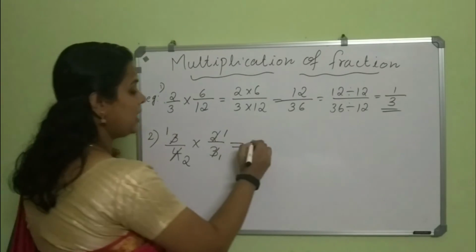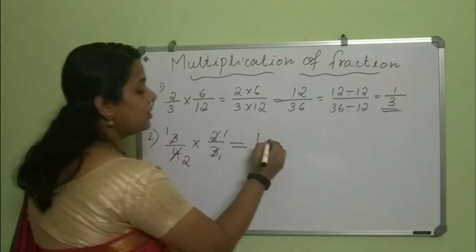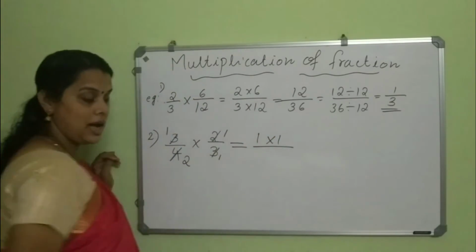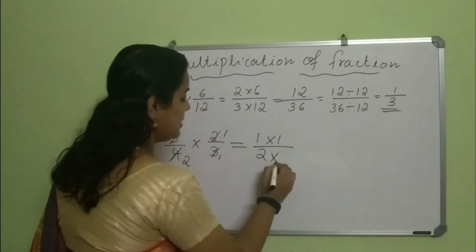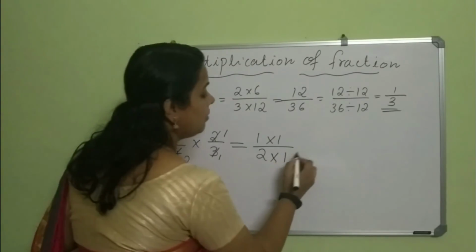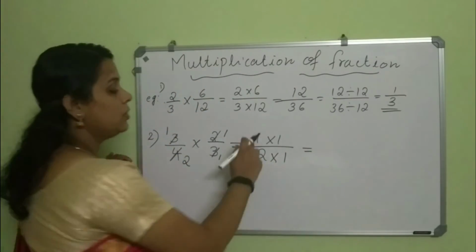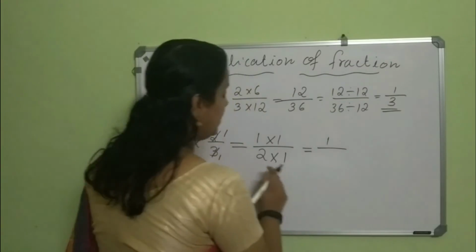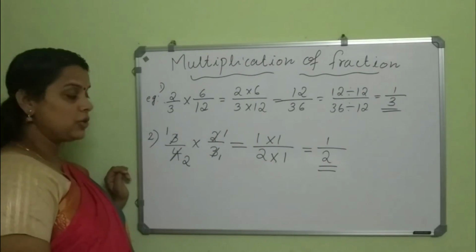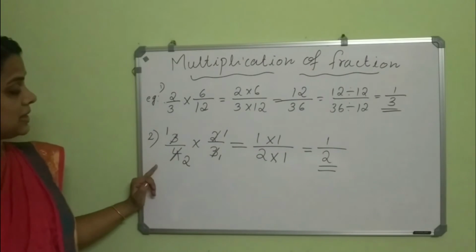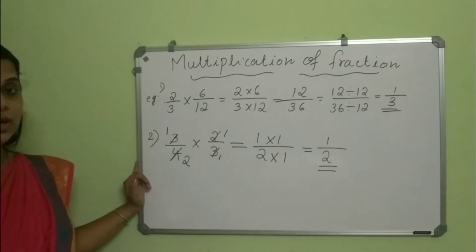Here 1 is there and another 1. In the denominator, 2 and 1, we multiply them. 1 into 1, 1. 2 ones are 2. The answer is 1 by 2. Whichever you feel is easy, you can select that method.